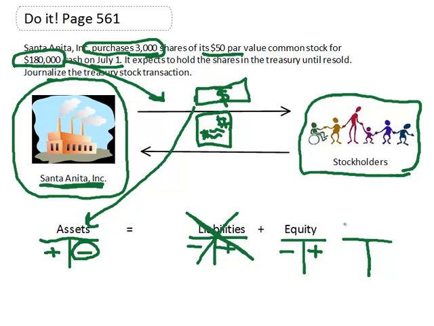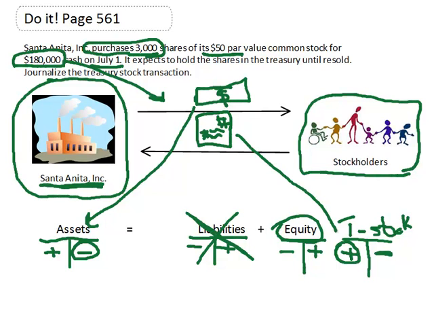Instead, treasury stock, and I'll just represent that by T stock, is a contra equity account, meaning the signs of the account are contrary. They contradict the control account. So in other words, treasury stock is increased with a debit, decreased with a credit, and in this transaction we received treasury stock. In other words, our treasury stock increased.